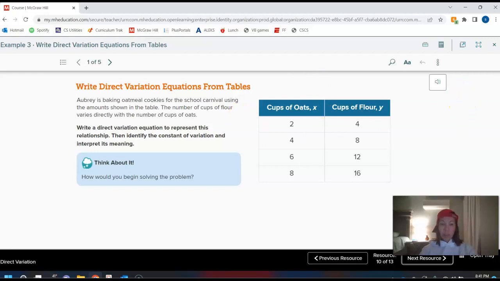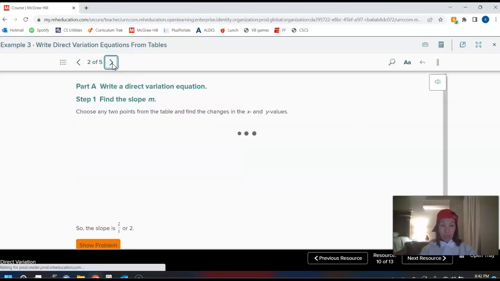from the table. So Aubrey is baking cookies, and for every 2 cups of oats, she uses 4 cups of flour, 4 cups, 8, so on and so forth. We want to find the constant of variation. So now we know that it varies directly, or it's proportional. Varies directly, proportional, basically they mean the same thing.